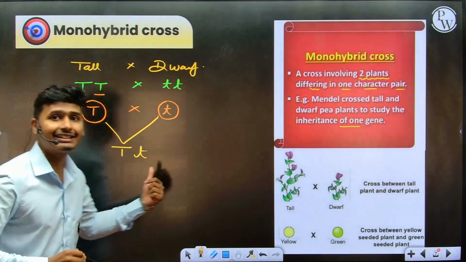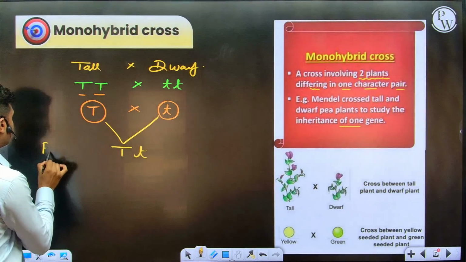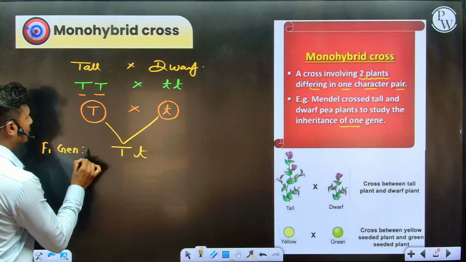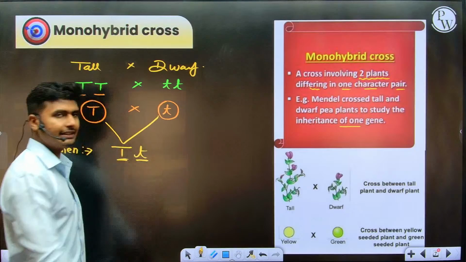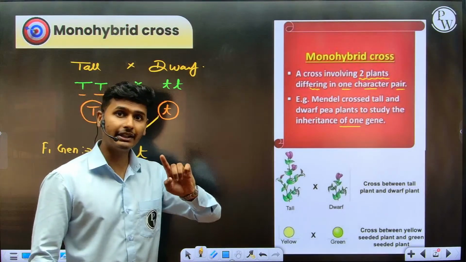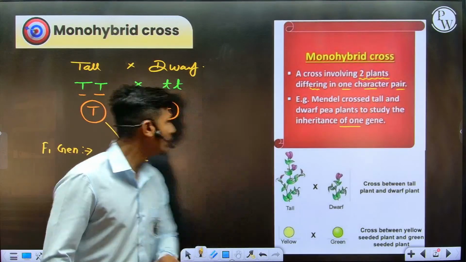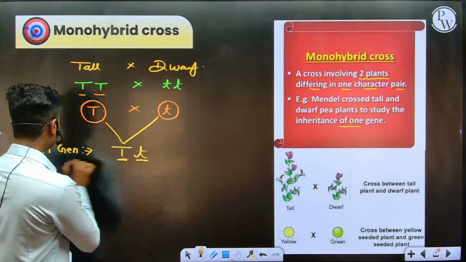What is the characteristic of the plant which is formed? That is known as the F1 generation. Capital T is present here, small t also present here, but it always appears dominant, because Mendel gave us the law of dominance also. So segregation is proved by the gamete separation, and the law of dominance is shown by this F1 generation.